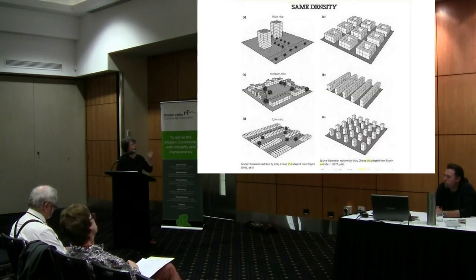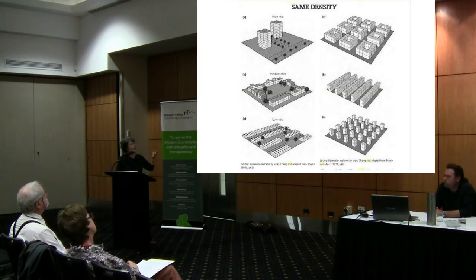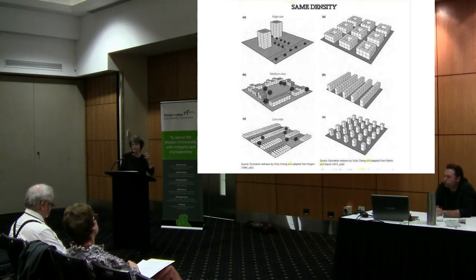And here we have a diagram which shows the same density being achieved in different configurations, which can be the high rise, and then we see that around the high rise there is a large open area, and that actually is the negative space. When I talk about the negative space, I mean the space between the buildings.